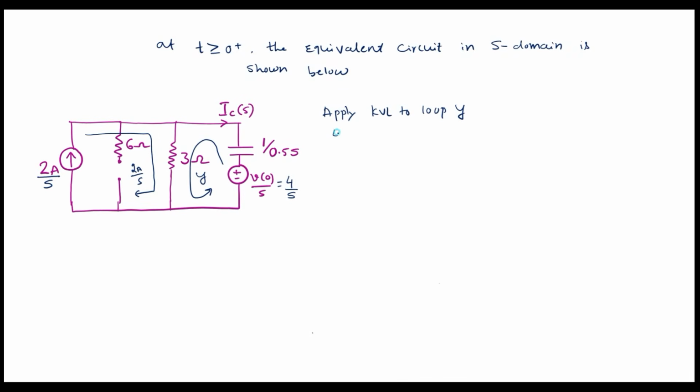Therefore I can write 4 by S is equal to the voltage across the capacitor, that is 1 upon 0.5 S into Y, plus the voltage across the 3 ohm resistor, 3 in bracket Y plus 2 by S. Simplifying this, 4 by S is equal to 1 upon 0.5, which is nothing but 2 by S, into Y, plus 3Y plus 6 by S. Or I can represent it as 4 by S minus 6 by S is equal to Y in bracket 2 by S plus 3.